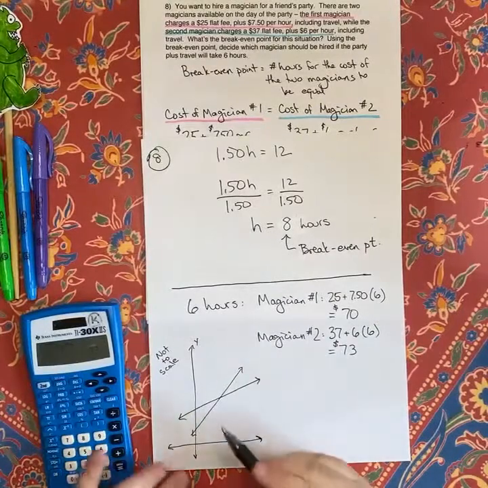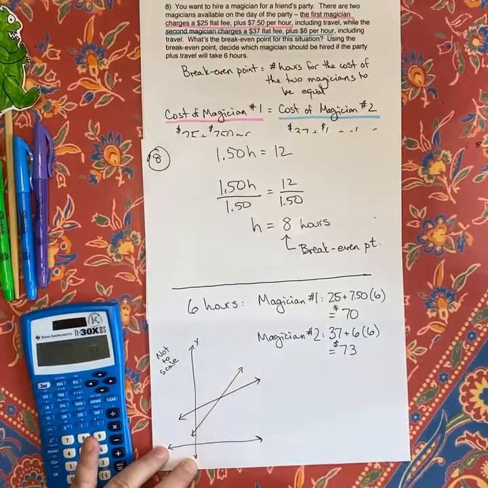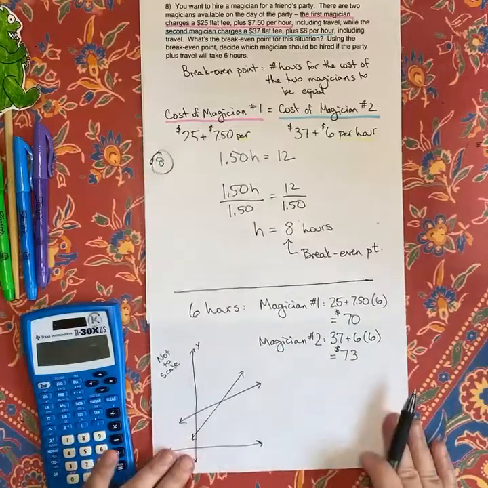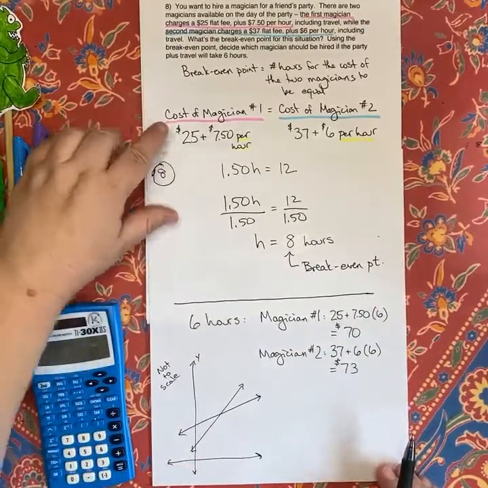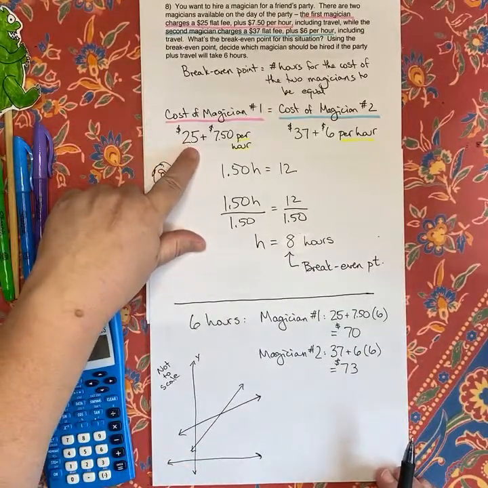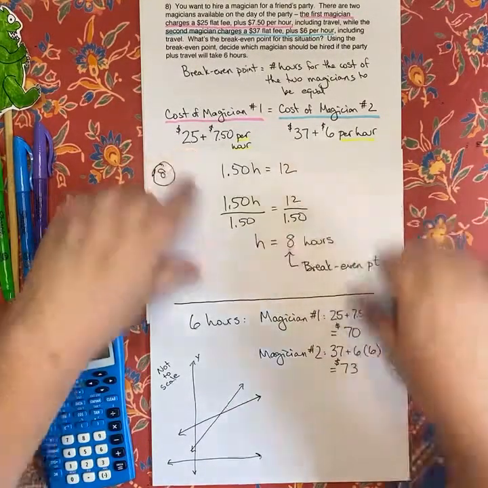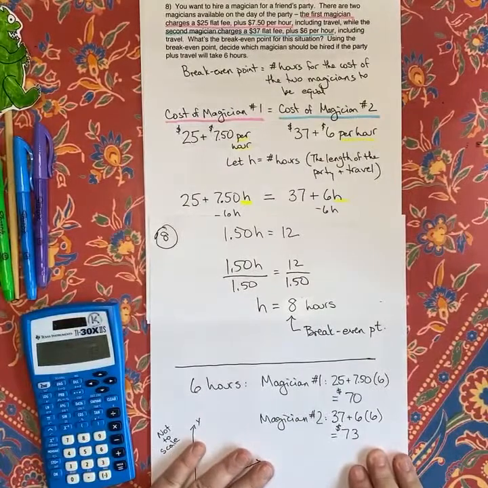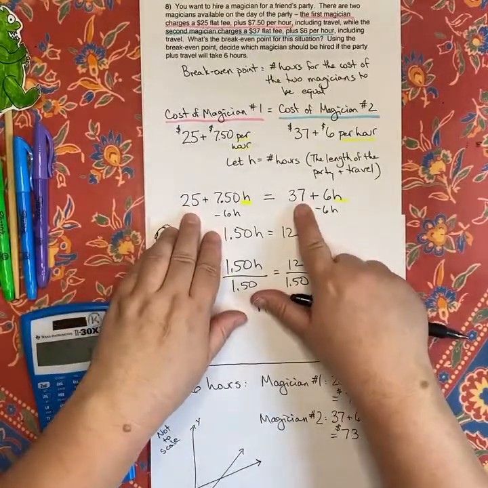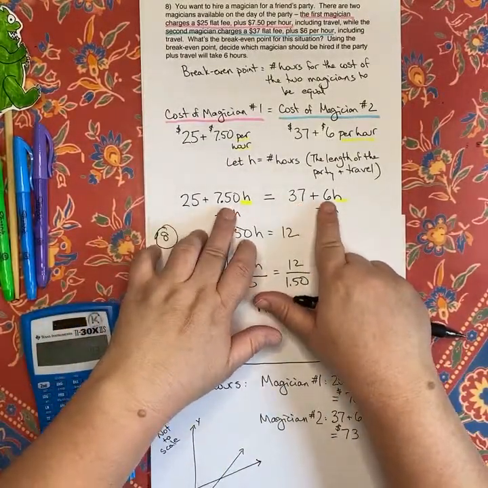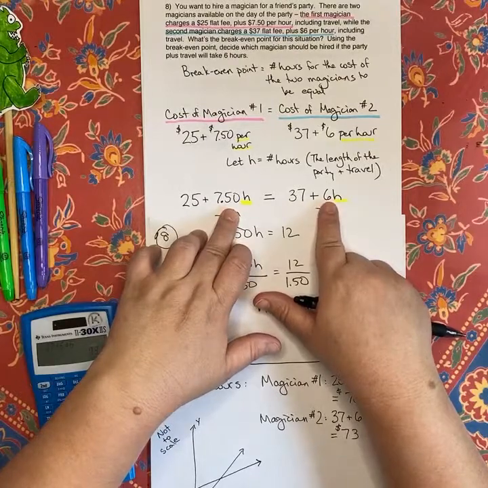So we've got two lines, which look like they're heading this way. Notice that 25 is the intercept. 37 here is the intercept. Let me slide it down a little bit further so you can see more easily. 25 and 37 are the intercepts, and 7.50 or 6 is the slope.